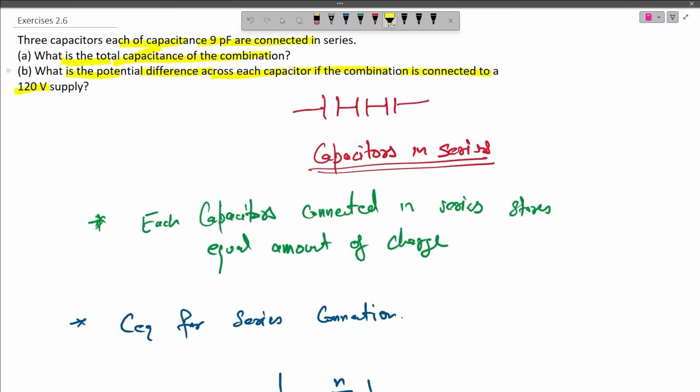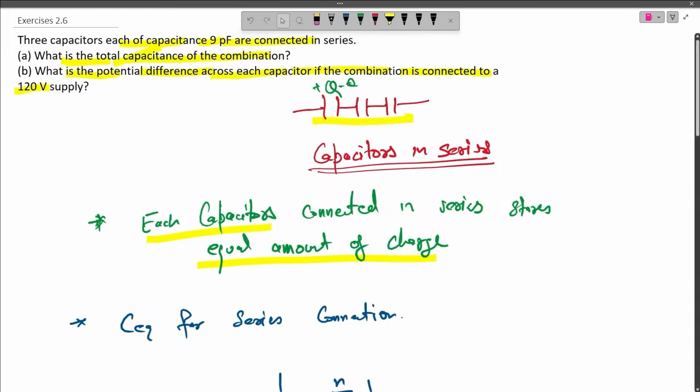One of the most important properties of a capacitor is that when capacitors are connected in series, each capacitor has an equal amount of charge. That is, when they are connected in series like this, if this capacitor has charge plus Q and minus Q, then each of these capacitors will have the same charge. So the first question asked about C equivalent, or total capacitance of the combination.